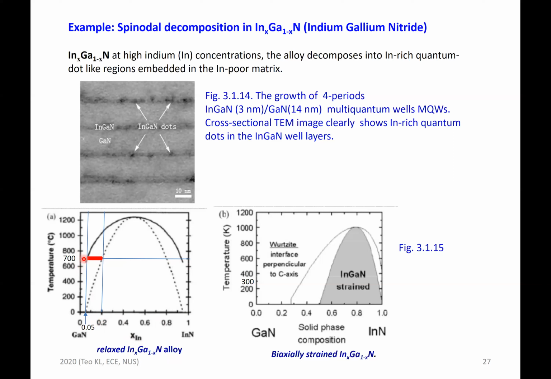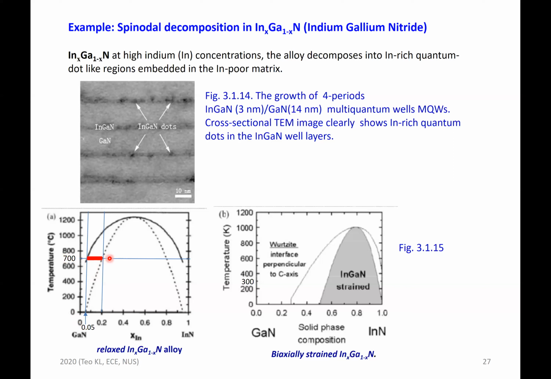So within this range is the metastable phase. So if I grow at 700 degrees Celsius, and I want to grow in the metastable phase, I can only grow within the range of 0.05 to 0.2 of indium for indium gallium nitride.